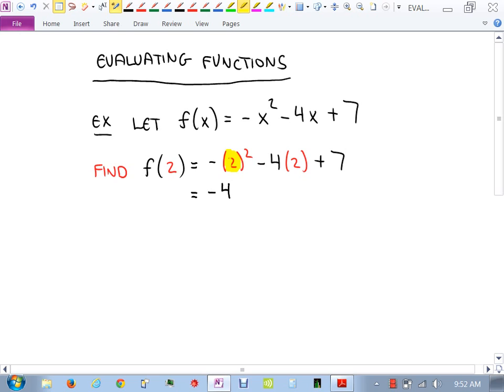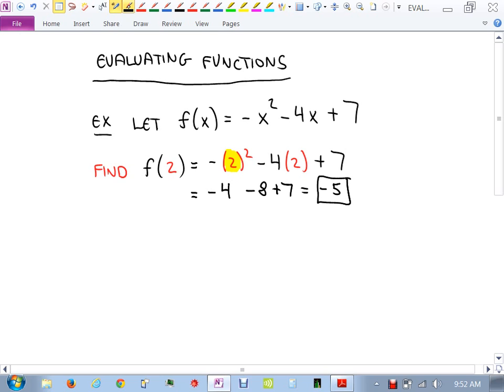So you square the 2 first, make it 4, and then you come in and change it to negative. You'll see on the next example how that's different if you plug a negative in. Now, what about the negative 4 times 2? What do we get there? Negative 8, and then plus 7. So what's that, negative 5? So that means if you plug in 2, the function spits out negative 5. Great, who cares? That's what happens.